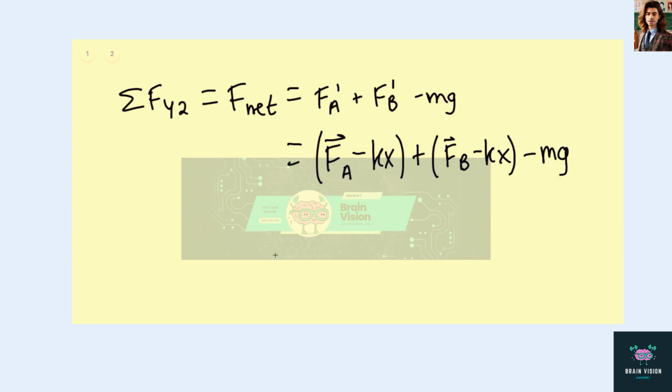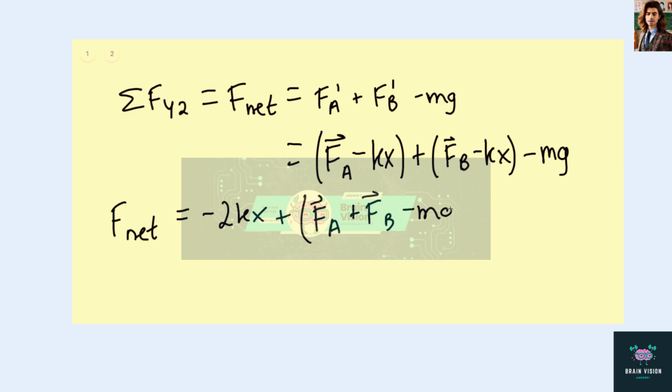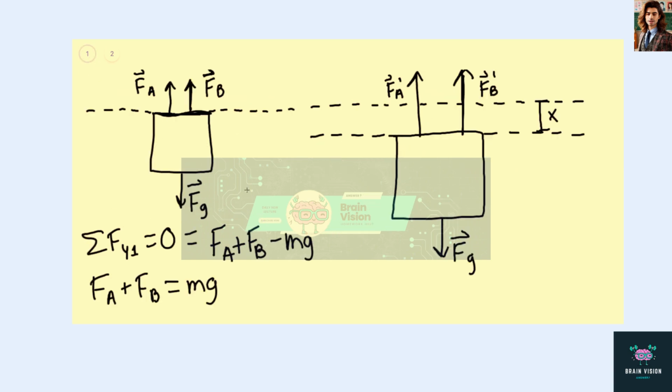So we can say that F net is going to be equal to negative 2kx plus F A plus F of B minus mg. And from the equilibrium, we know that this is going to be equal to 0.